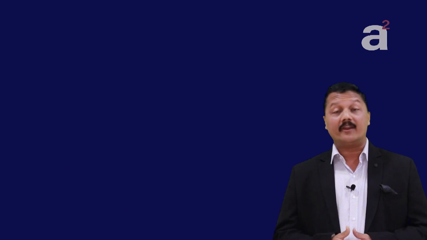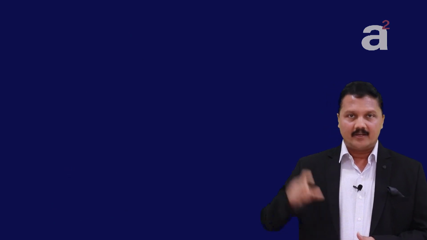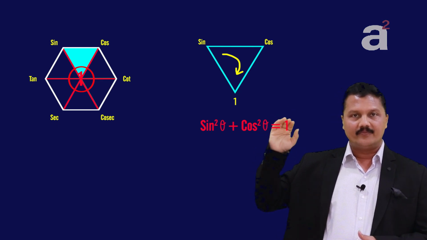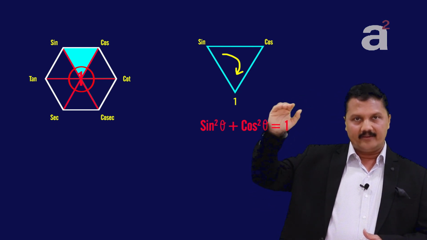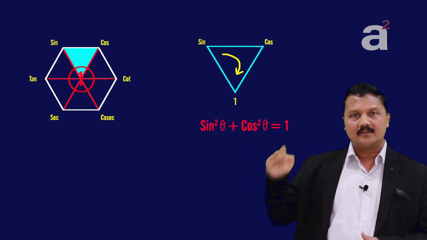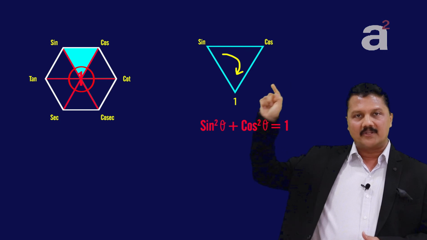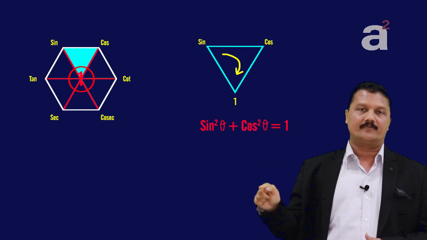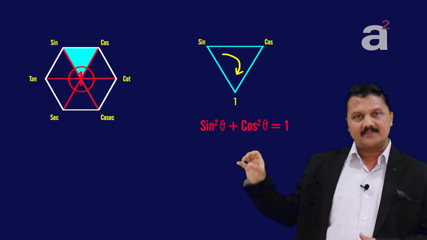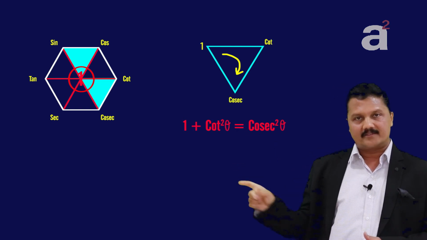You know the Pythagorean relations of trigonometry. Take the upper triangle. What are there on the upper triangle? You can see sine, then cos and 1 also. The relation is sine square theta plus cos square theta is equal to 1. There are 2 more triangles to be taken like this. From the other triangle, you go clockwise.